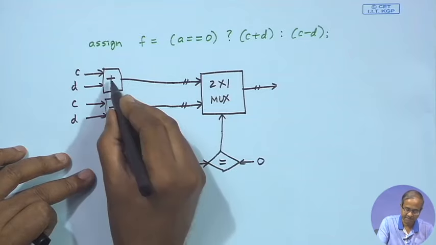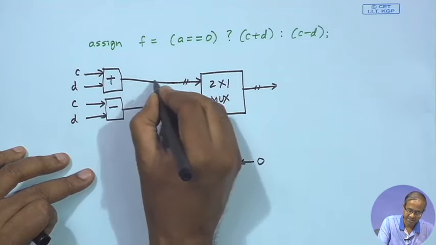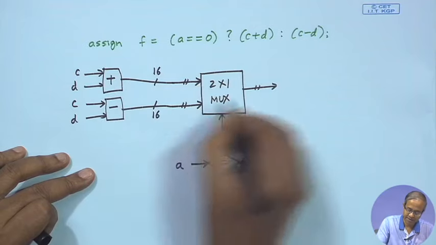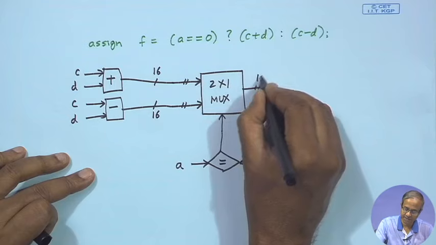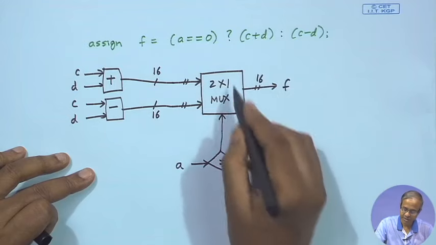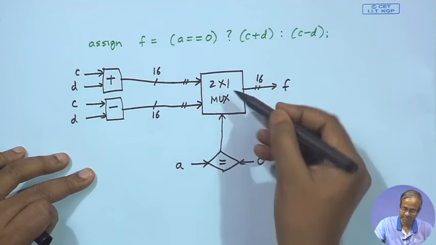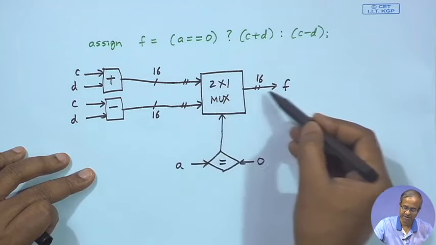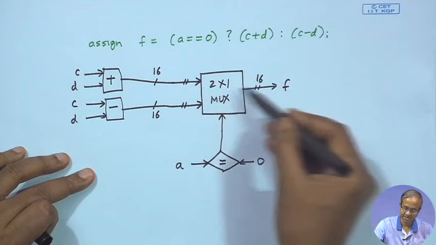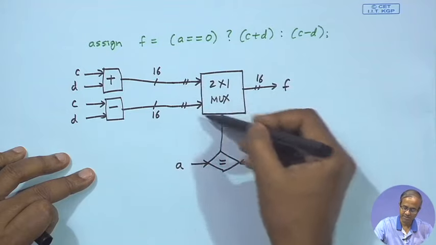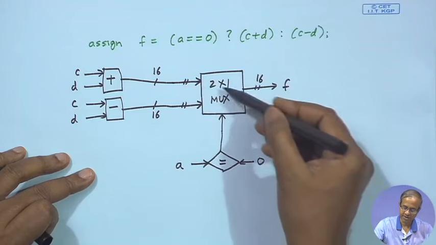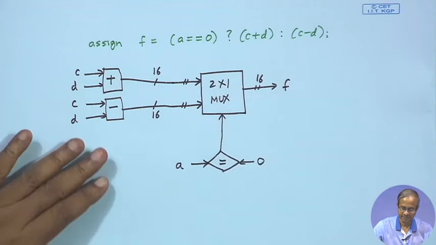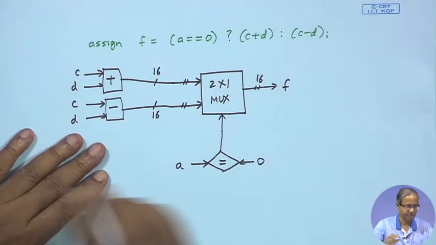Now, let us say this is all a 16-bit operation, so these numbers are all 16 bits, and the output is f. Then it will not be one multiplexer, but 16 such multiplexers will be generated, one for every bit of this data. There are 16 bits, so 16 bits have to be multiplexed. So I need 16 2 to 1 multiplexers.